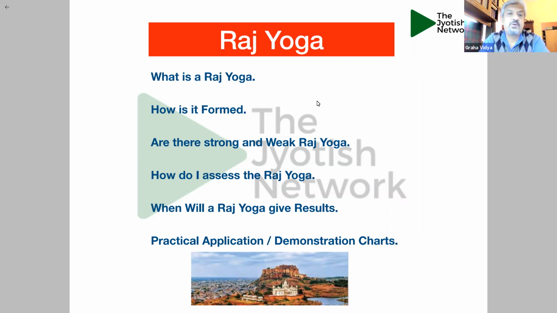The person could get promoted, get a big job break or something because of the Raj Yoga operation, and at the same time, maybe on the way back home that day meet with an accident, and that's also configured within that dasha period. So the point is, we need to look at a dasha period as one where multiple events can happen. Raj Yoga, what we are focusing on, is one such part of that combination.